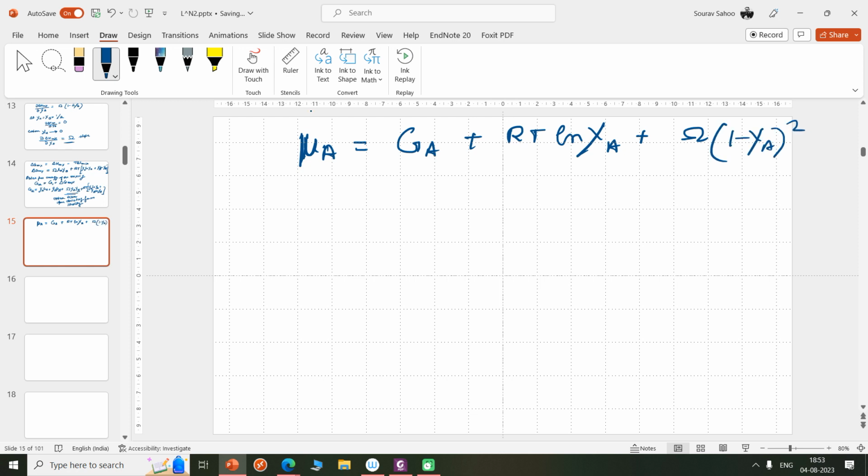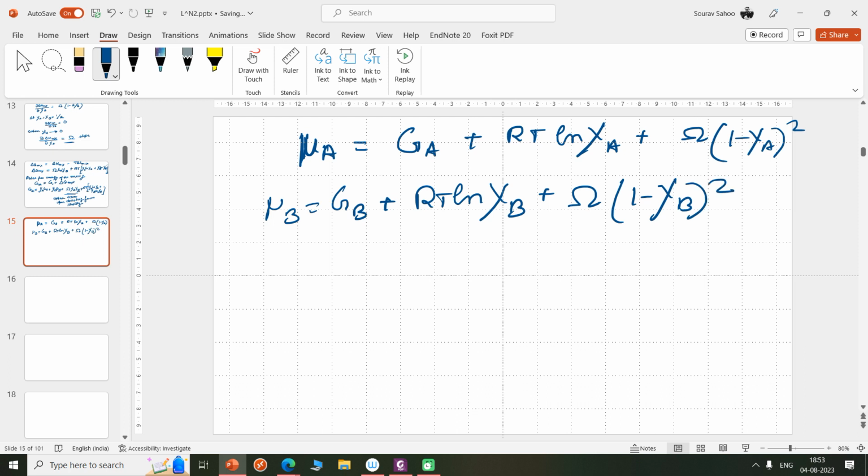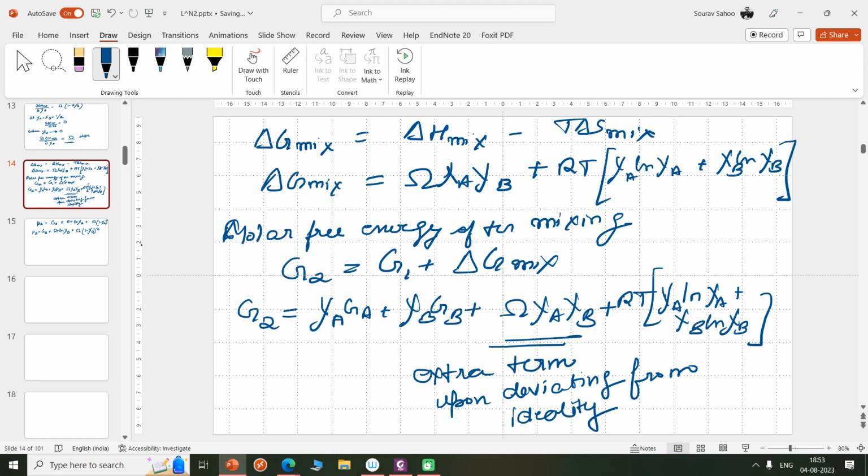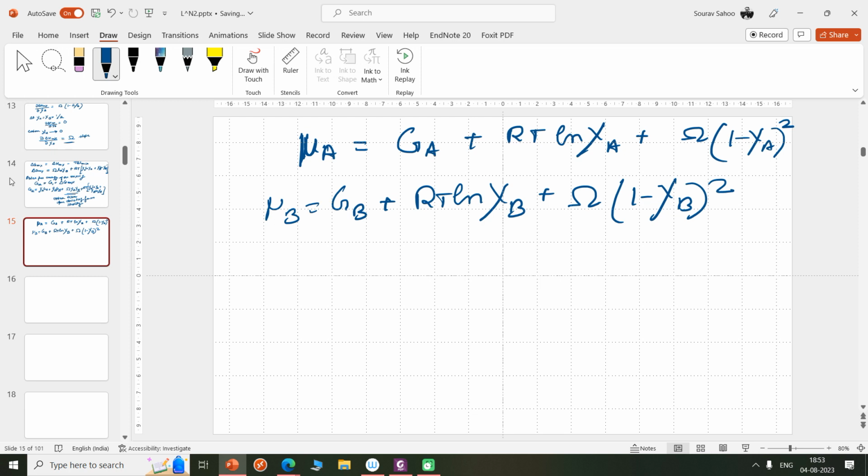Similarly, the chemical potential of B can be written as Gb plus RT ln chi B plus omega (1 minus chi B) squared. Right. So this is pretty simple to derive. We just have to compare this equation with the one we already got for the ideal solution, and comparing the coefficients, you can get the chemical potential of A and B.